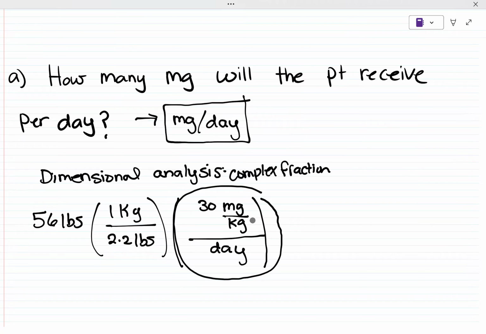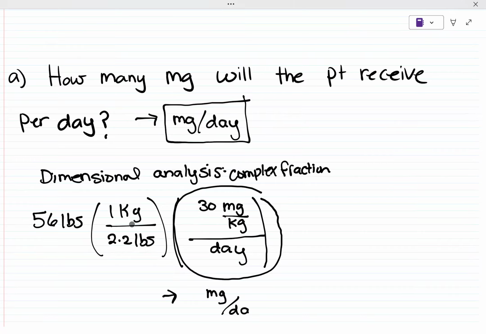That somehow gets rid of the kilograms and then you're left with day. Some people just assume you're going to get mg per day, but I'll show you how they got this. When you multiply this out, your final units will be mg per day.